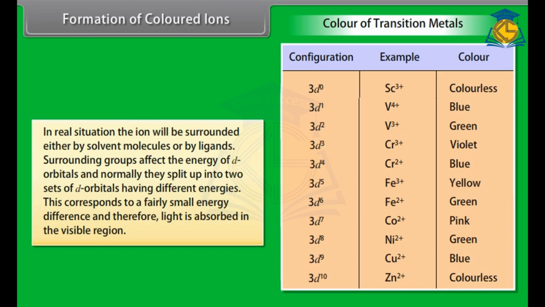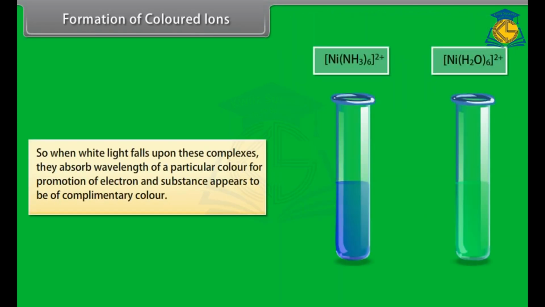Surrounding groups affect the energy of d orbitals, and normally they split up into 2 sets of d orbitals having different energies. This corresponds to a fairly small energy difference, and therefore light is absorbed in the visible region. So, when white light falls upon these complexes, they absorb a wavelength of a particular color for promotion of an electron, and the substance appears to be of the complementary color.